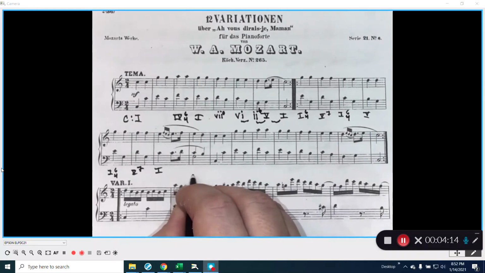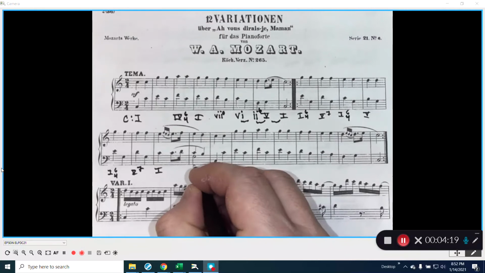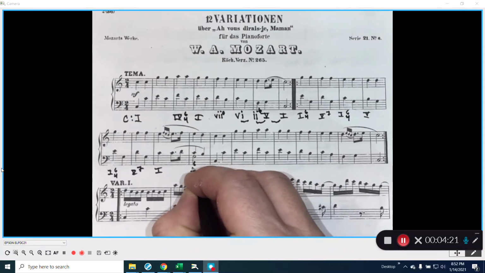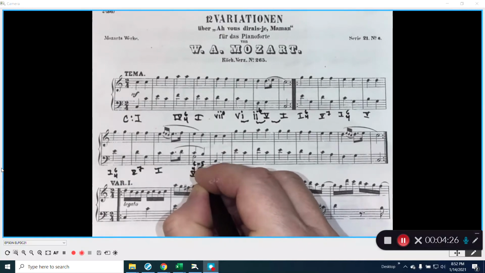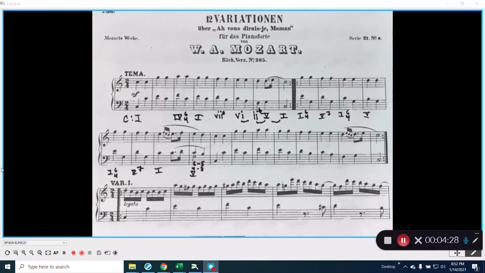And then we have this 5 with a 6/4, 5/3 suspension. And the rounding out of the binary form is the same as the first 2 phrases, so I'll just leave it at this to expedite the analysis.